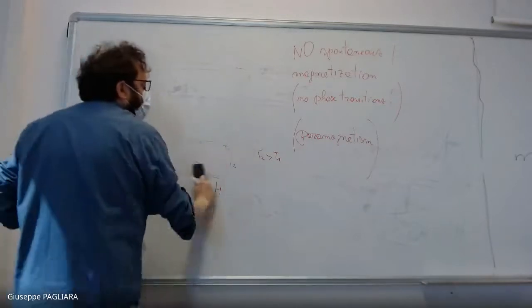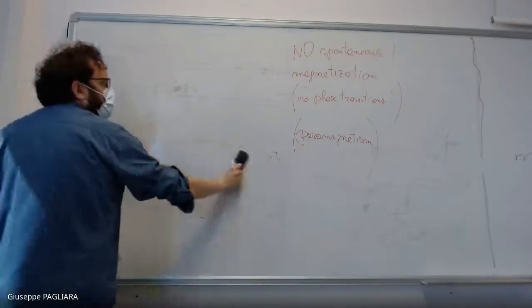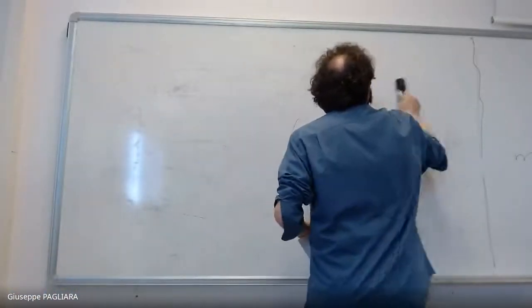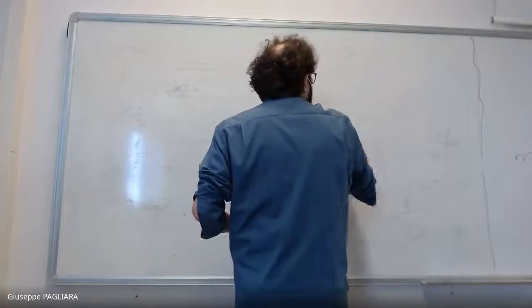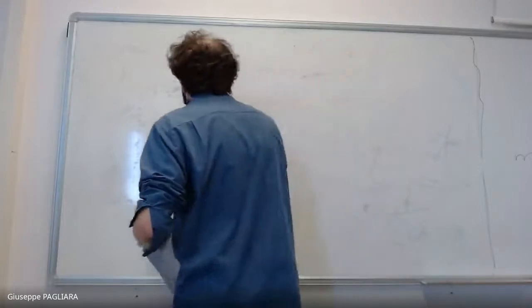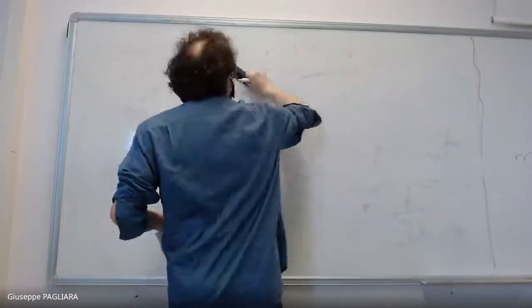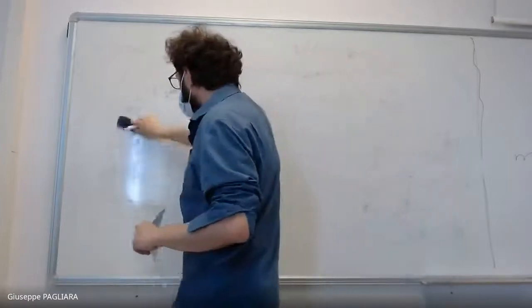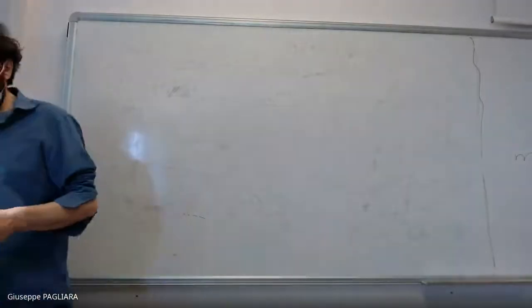And in principle, we can compute anything. We will compute the internal energy and the specific heat. Well, at least I plan to do it. Maybe I will not compute it in detail, because it's just a matter of doing derivatives.